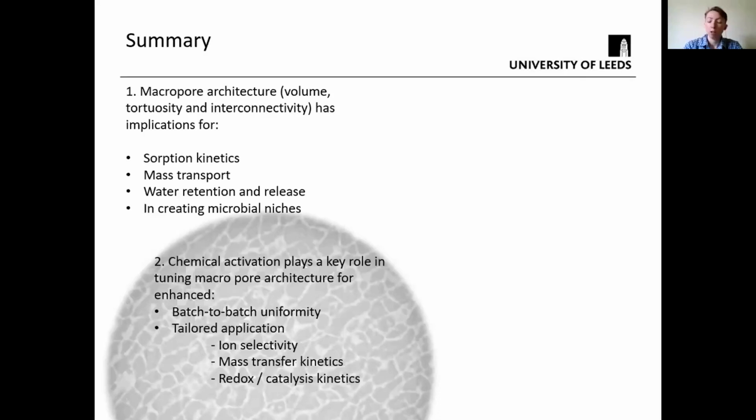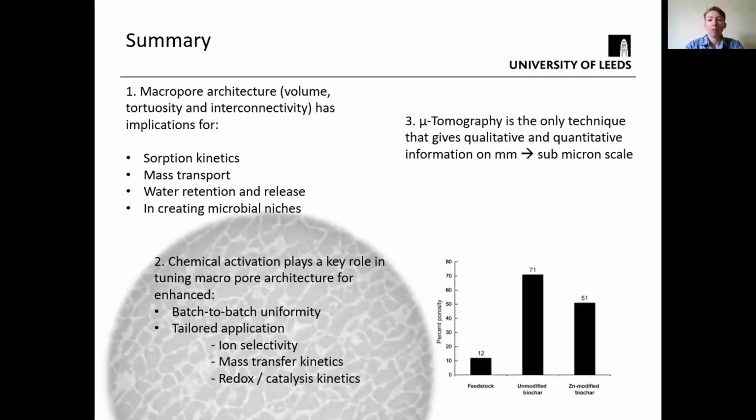It brings about greater batch-to-batch uniformity, and it allows some degree of tailoring the pore architecture. And finally, I think microtomography is really a key tool for looking at pore space characteristics on this scale, especially if one wants to tailor the pore characteristics in greater detail.